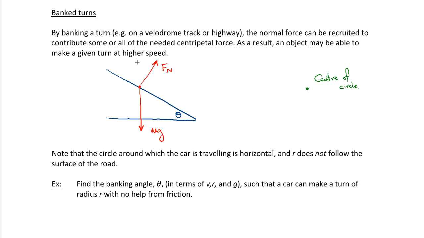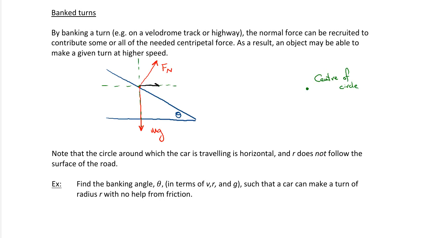Remember that we always want to draw our axes so that the direction of acceleration runs along one of the axes. That means in this case, because the centripetal acceleration is pointing towards the center of the circle, we want our axes like this. And now I can resolve the normal force in these two directions.